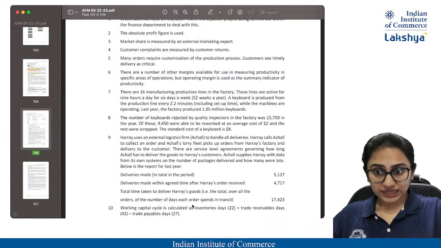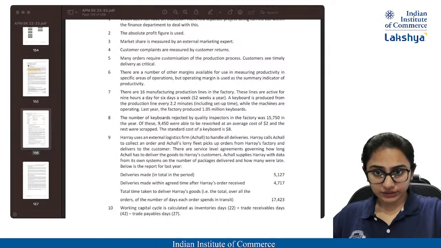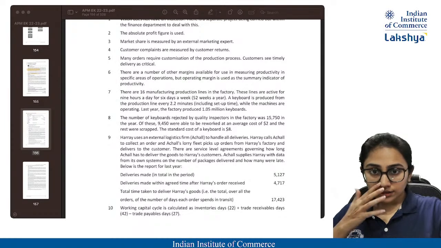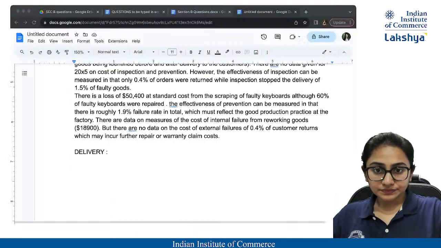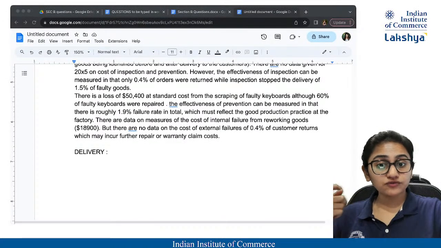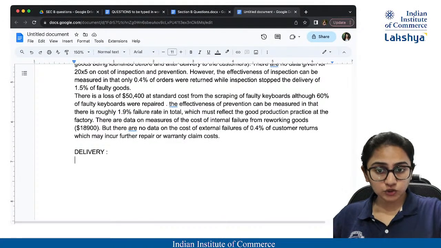So now based on that, you have to write about delivery. Are you all understanding how we are writing? We have to measure the effectiveness of whatever data is given to us.